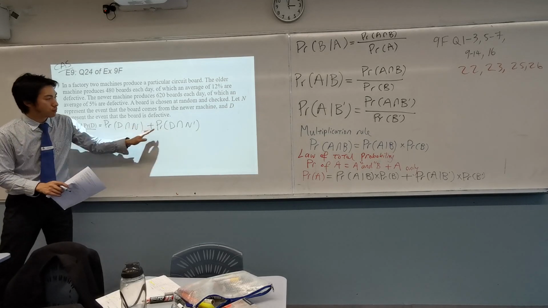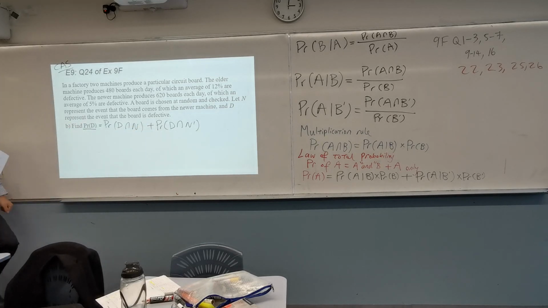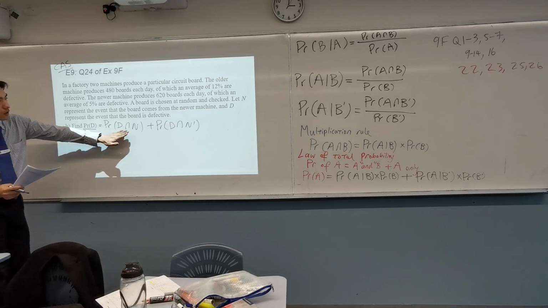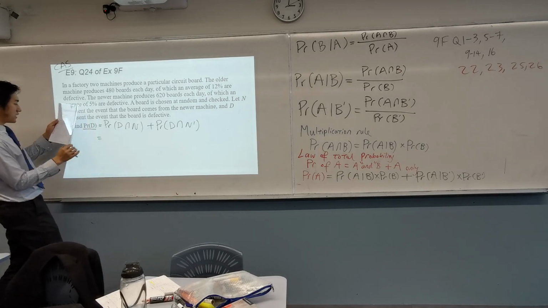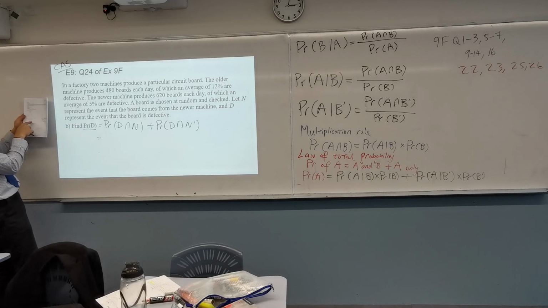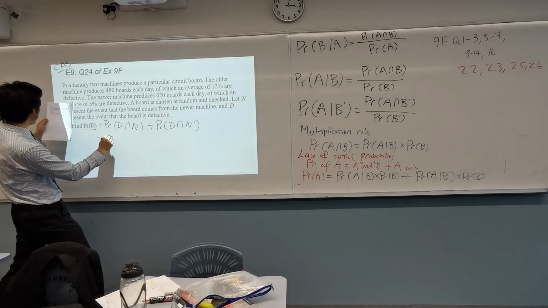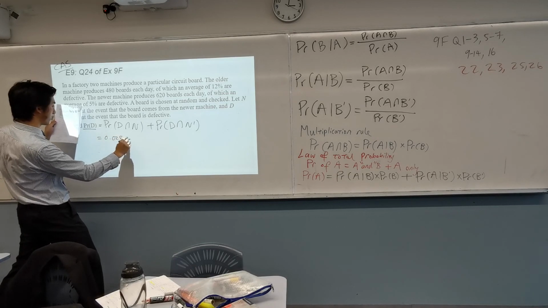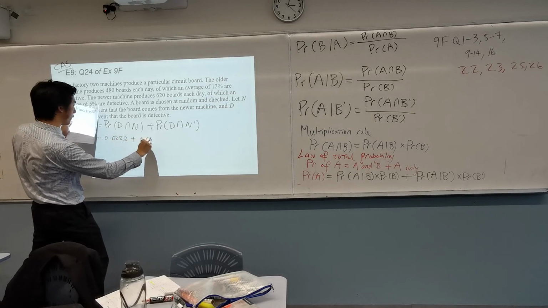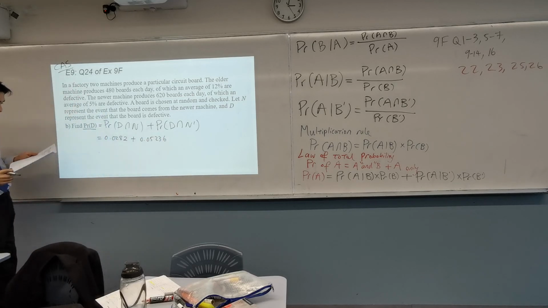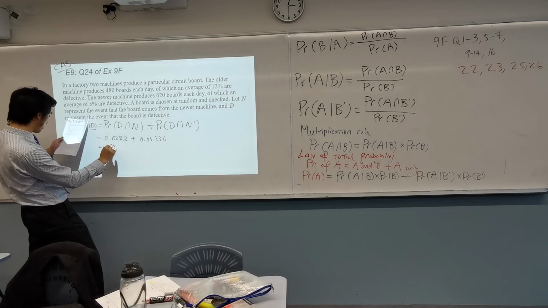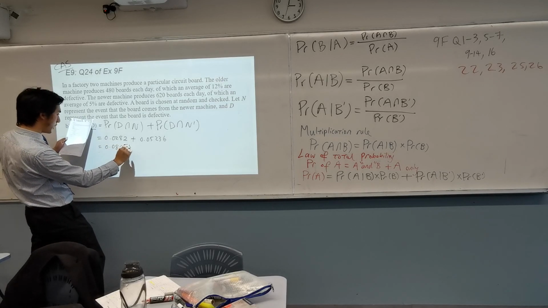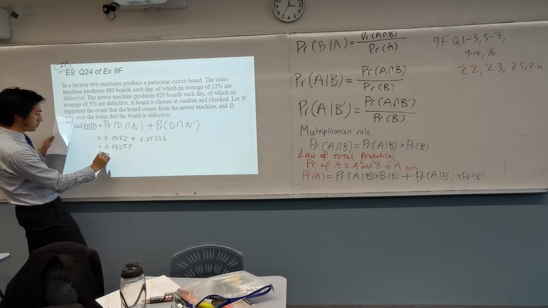And the combination of these two parts will make up your entire circle for the probability of D. And we actually have figured these out already in our previous questions. So it's just a matter of subbing them in, which is the result of 0.0282 plus 0.05236. And our answer, before we approximate, is 0.08055, which rounds to 0.08.